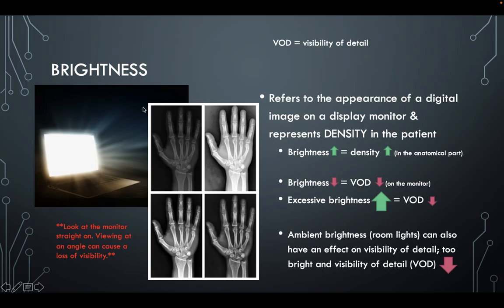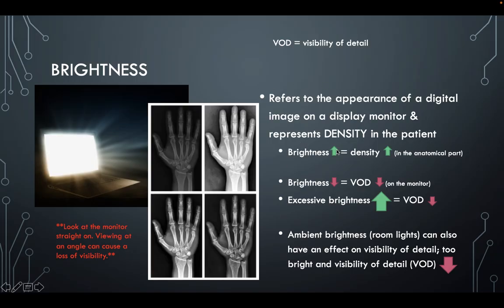Something that looks not as bright, more saturated, you could even say is more dense on the display monitor. But these darker areas, that's the air, which is not dense in the patient or technically outside the patient.